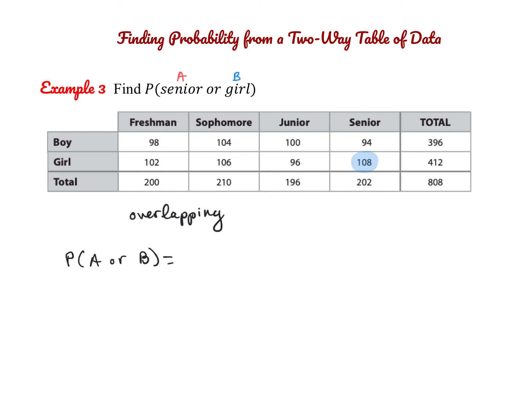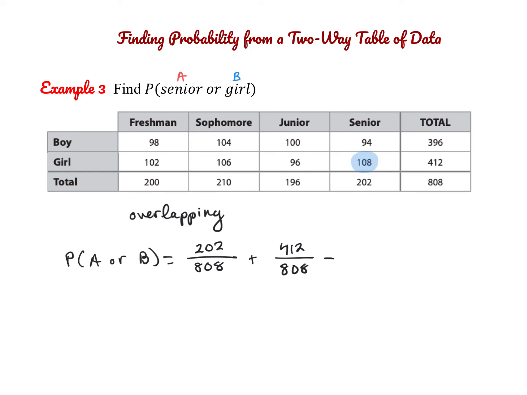We're going to find the probability that you would pick a senior first. So there are 202 seniors, and the total number of students is 808. Now we're going to find the probability that you would pick a girl. So if you go across the girl row, you can see that there are 412 girls in the school out of 808 students. And then again, we need to subtract the ones that are double counted.